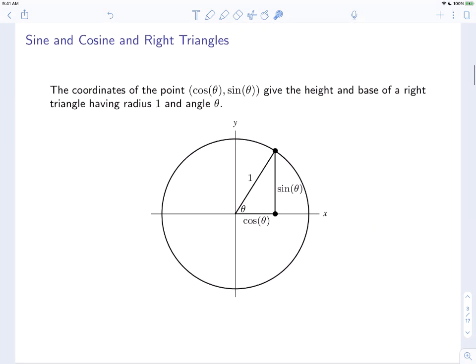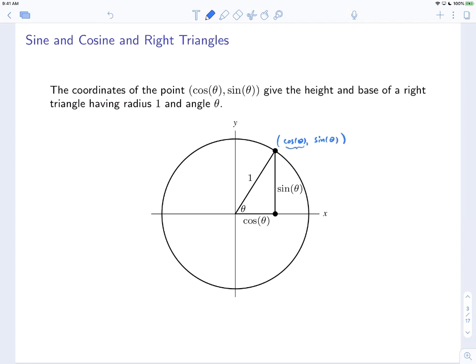We want to relate this to right triangles. The coordinates of the point cosine theta, sine theta give the height and base of a right triangle having radius 1 and angle theta. So the coordinates of this point right here are x equals cosine of theta and y equals sine of theta.